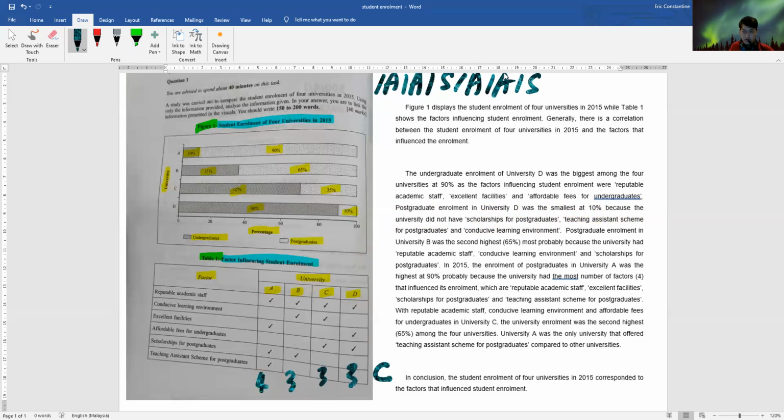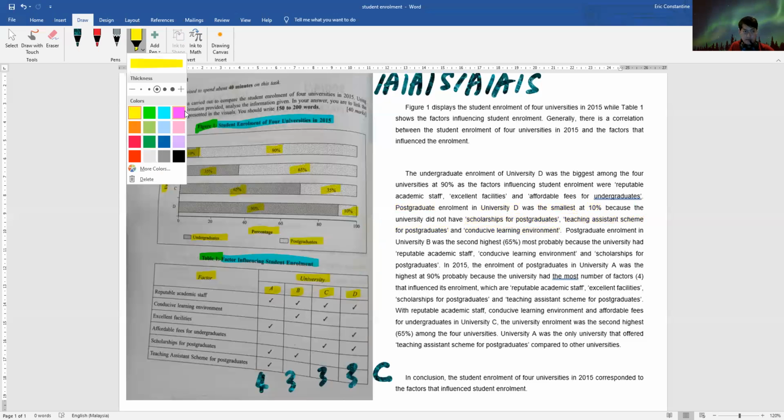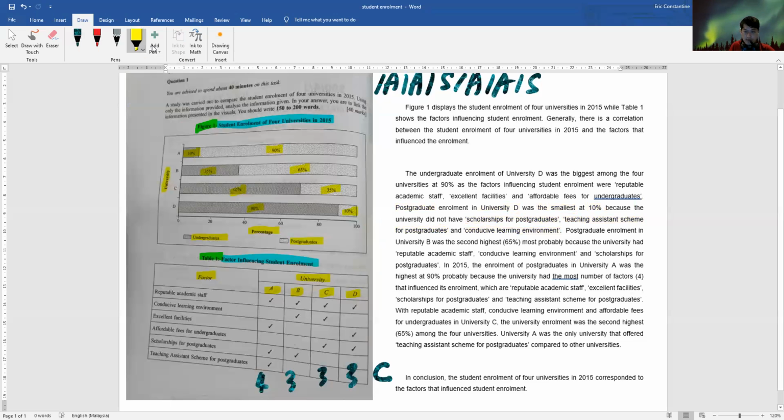Now let's move on to the second and the third part. Let me just use back the yellow highlight. Now postgraduate are my key features, and this is my next key feature, my trend word, second highest, my data here. That's the first part. And let's look at the second visual.